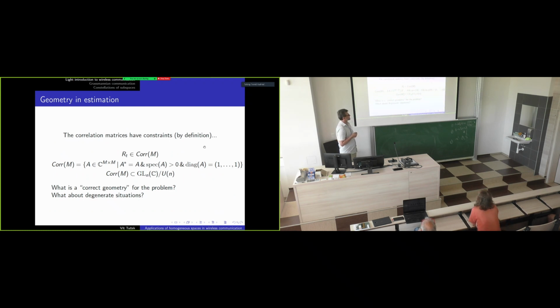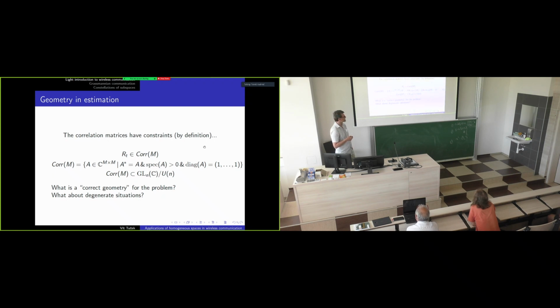But these correlation matrices are not arbitrary matrices, right? They are elements of this set: they are Hermitian symmetric, they have positive eigenvalues, and they have ones on the diagonal. And so they live in this nice homogeneous space. But the question is, we need to interpolate in this space, so what is the correct geometric structure here?